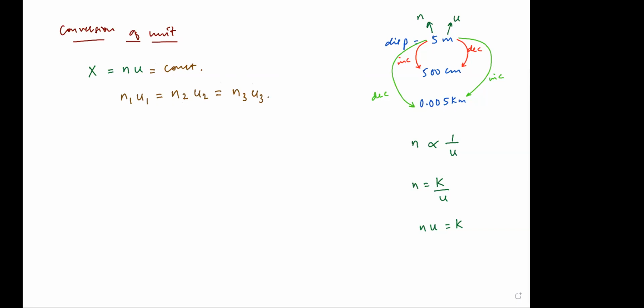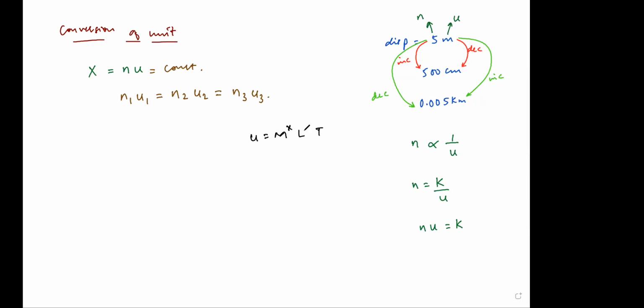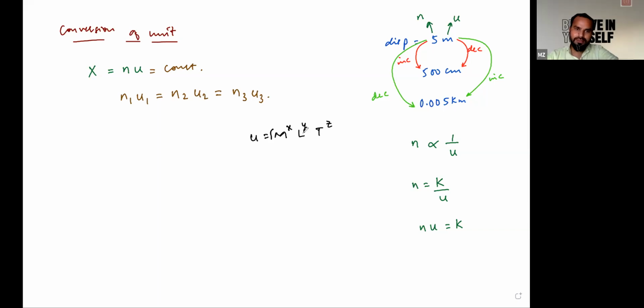Now we have to derive a relationship for this particular conversion. Unit, as we have already defined in terms of dimension, we can write it as M, L, T, having raised exponents, let's say x, y, and z. So unit of any quantity can be represented this way.